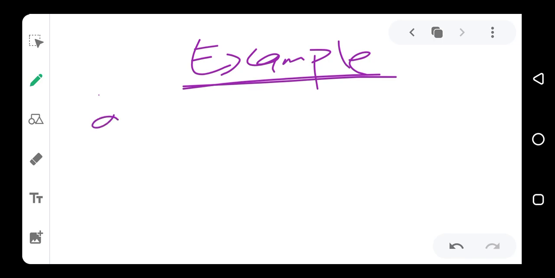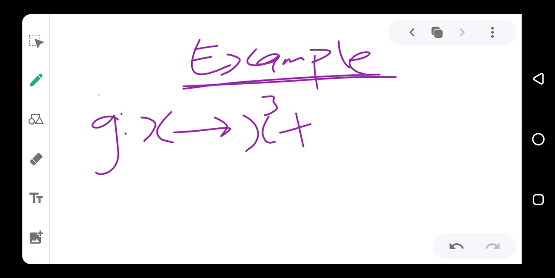If they say g of x such that x maps to x raised to power 3 plus 3, and we are asked to find the inverse function of this, that is G inverse. How are we going to do it?